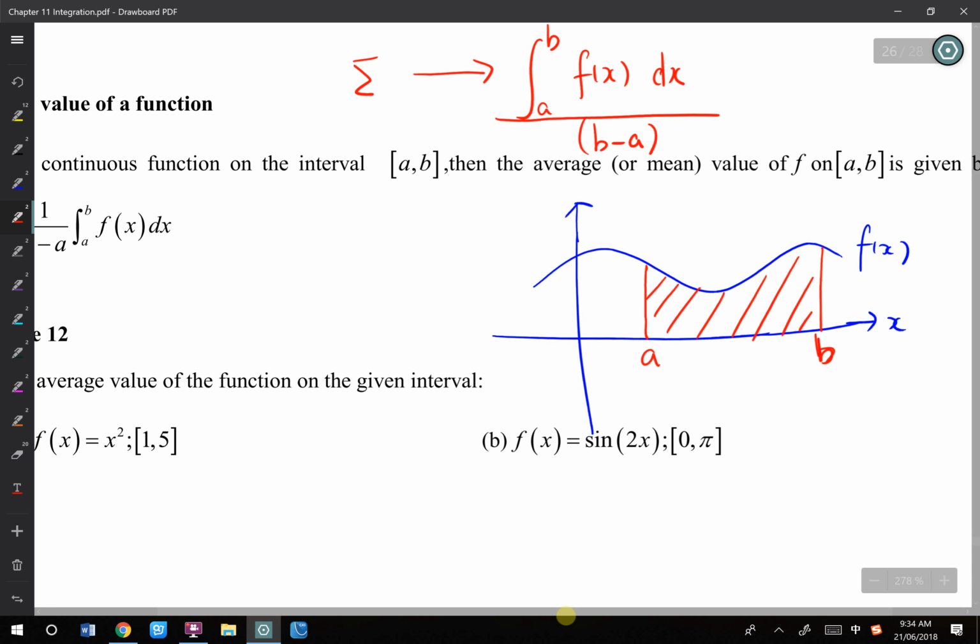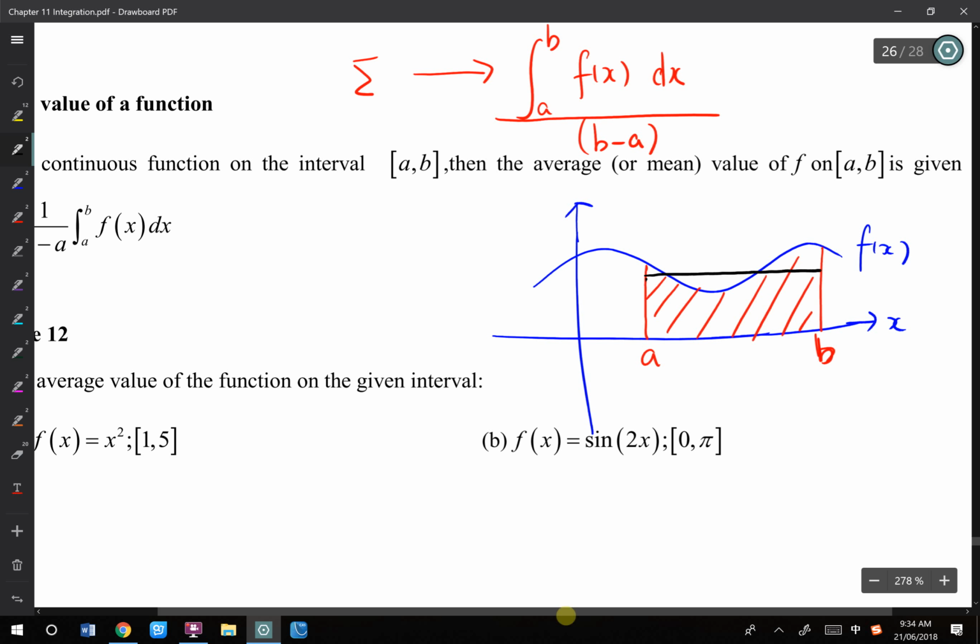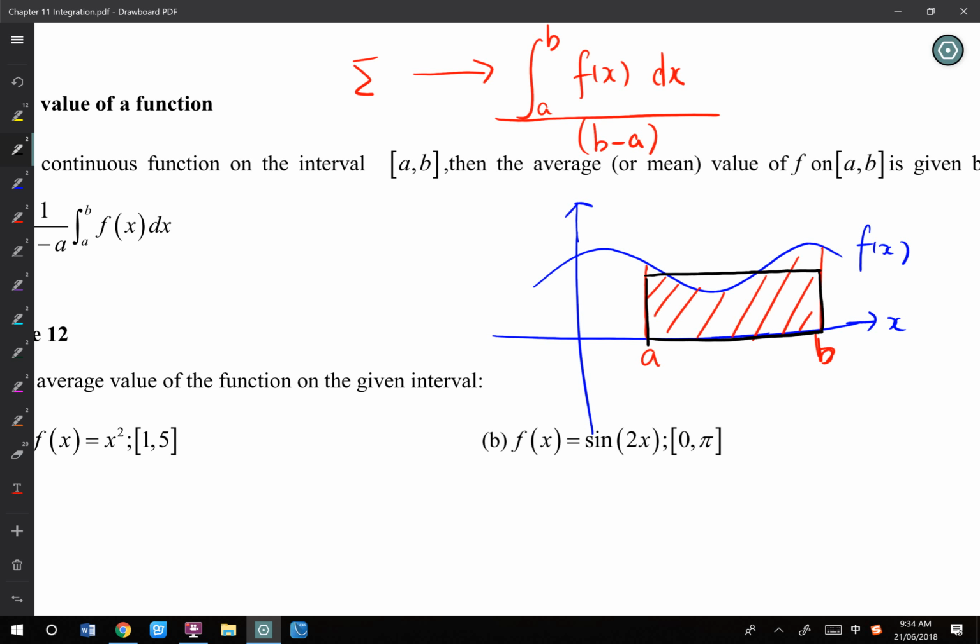I may have this black rectangle, and that gives me the same area as the red one. What I'm willing to do is make a rectangle, using the same interval, to contain the same area as given by this function.